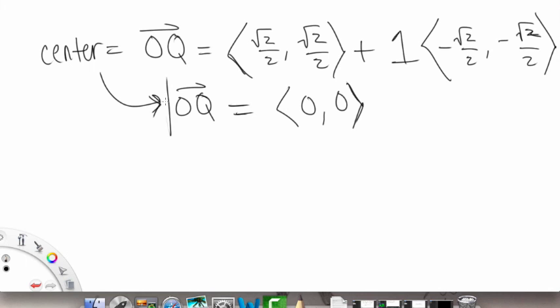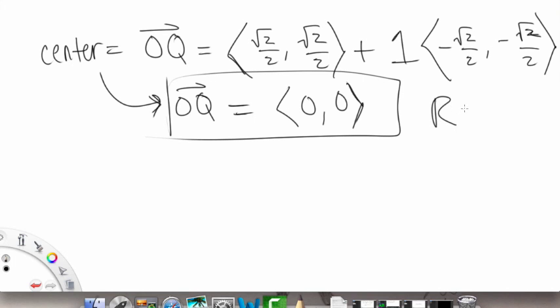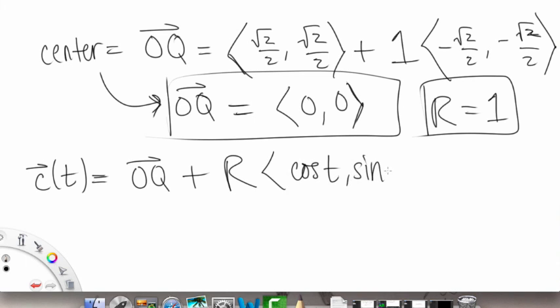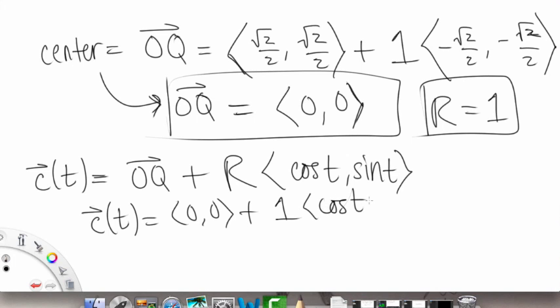So now that we found the center, and the radius equals 1, remember, we're just going to plug that in. So our parameterization for the osculating circle is going to be the OQ, which is the center, plus our radius, whatever we found that to be, times cosine t, sine t. When we plug those in, we just get 0, 0 for that, plus 1 times cosine t, sine t.